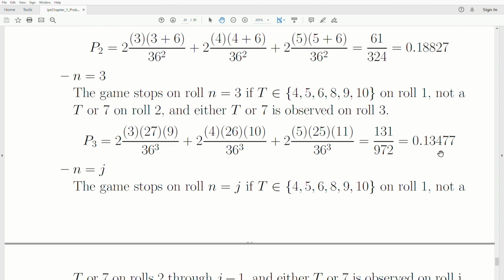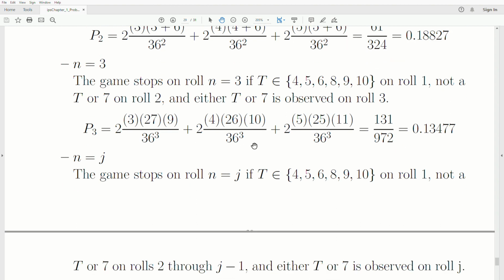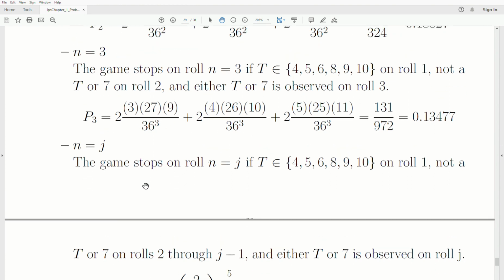Now, going to 4, 5, and 6, we can just use the formula that we just derived.